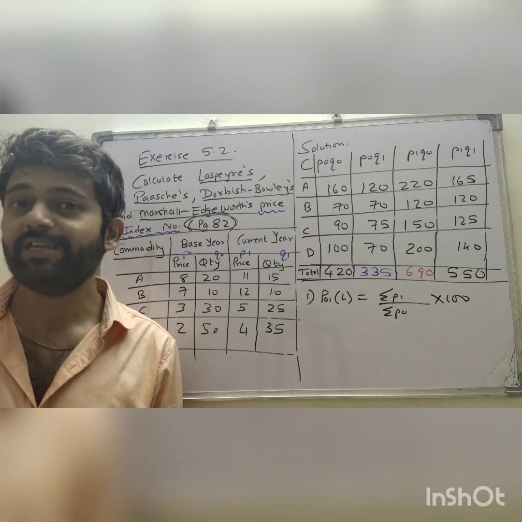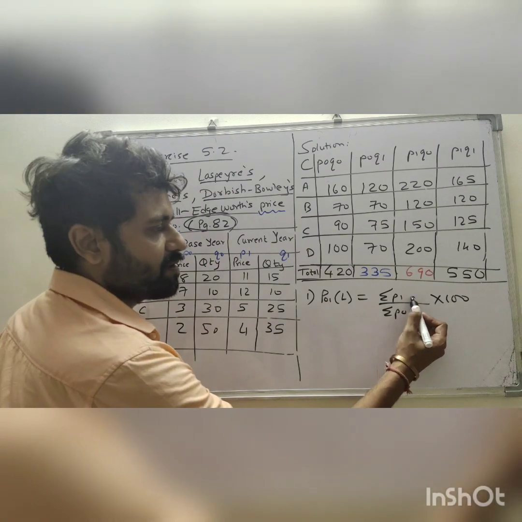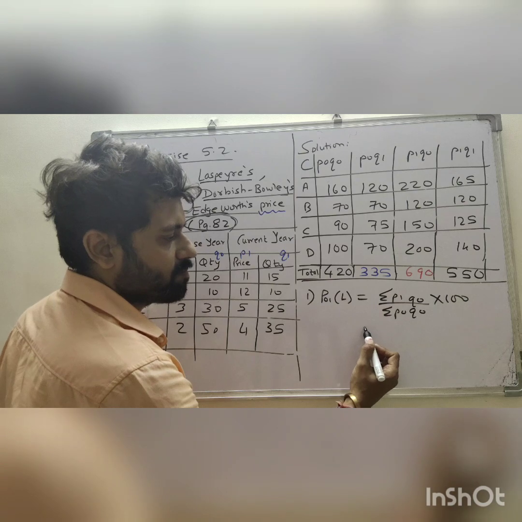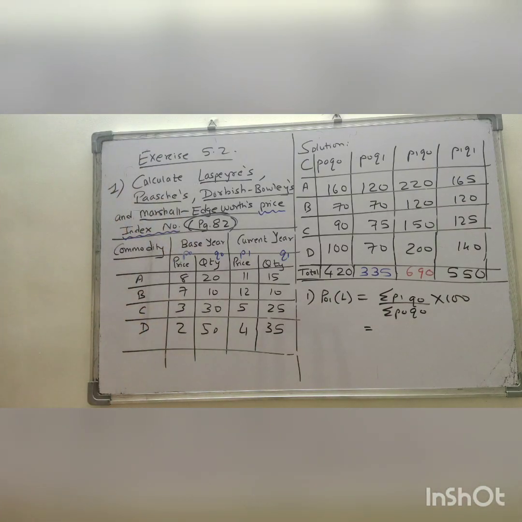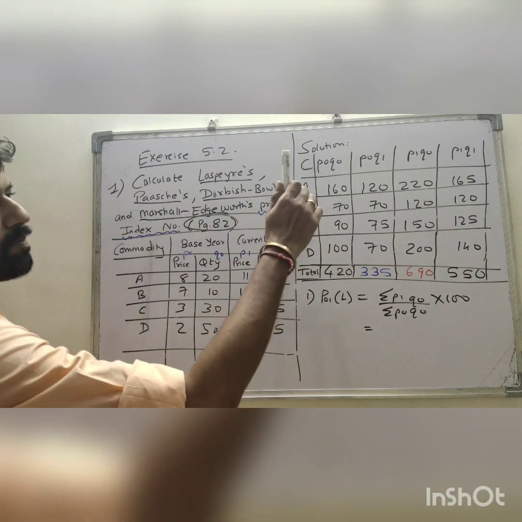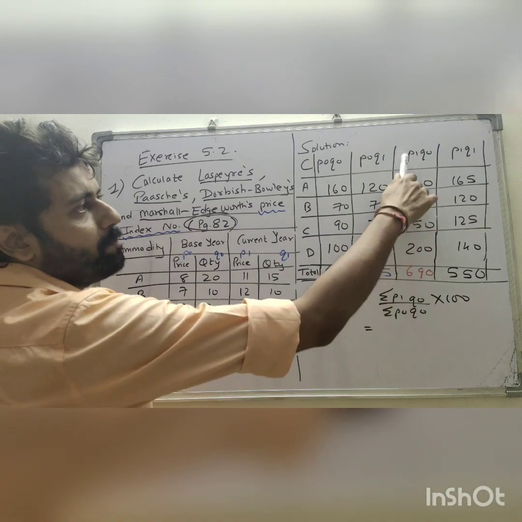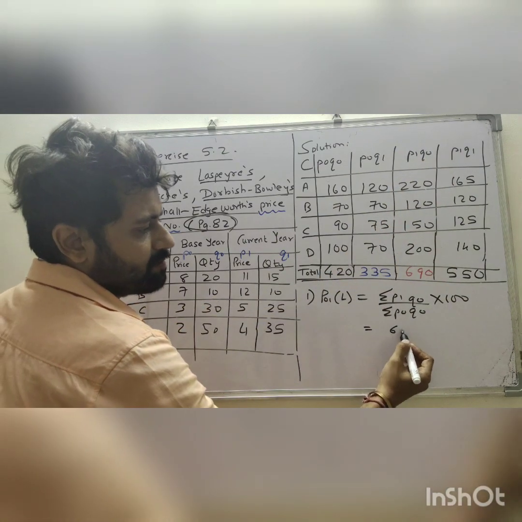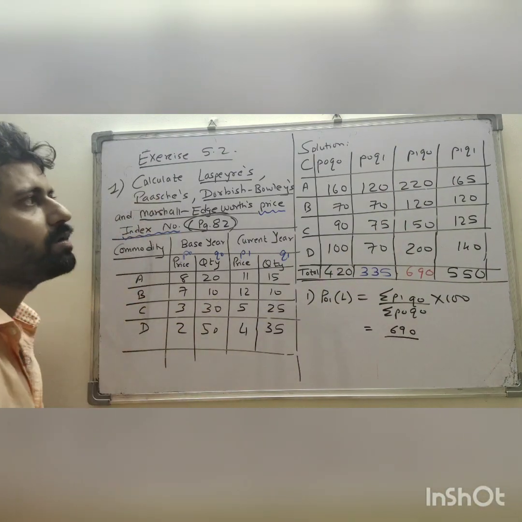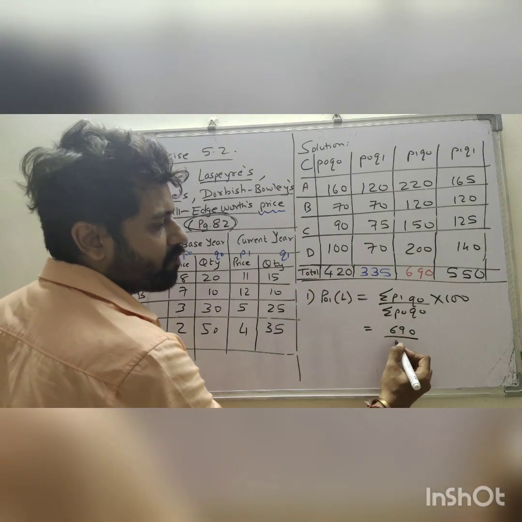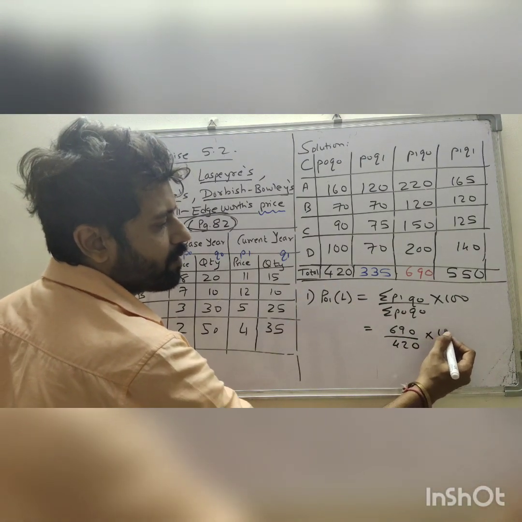To remember Laspeyres, what we do is Q0, Q0. Summation P1 Q0, 690 upon summation P0 Q0, 420 into 100.